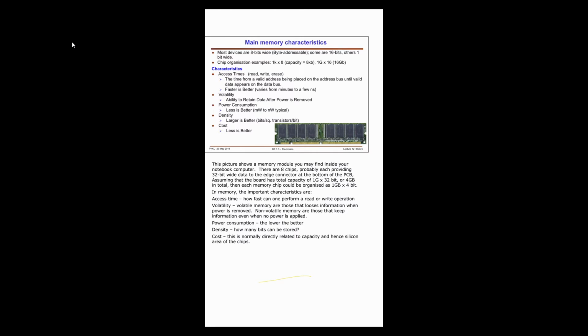Chip organizations are capacity and access time. This we have already gone through in the classes, right? Access time, we have done the problem. But this is a recapitulation, because there is a gap and obviously you are oblivious of it, so we have to move through it.